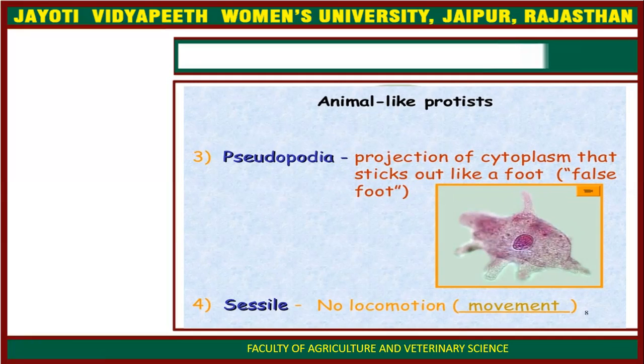It is a projection which comes out of the cell. They help the cell in the digestion of food. Sessile organisms are the next type of locomotion, which help in a particular kind of food ingestion.